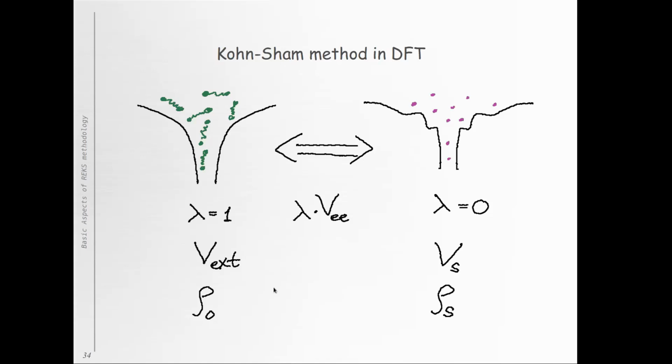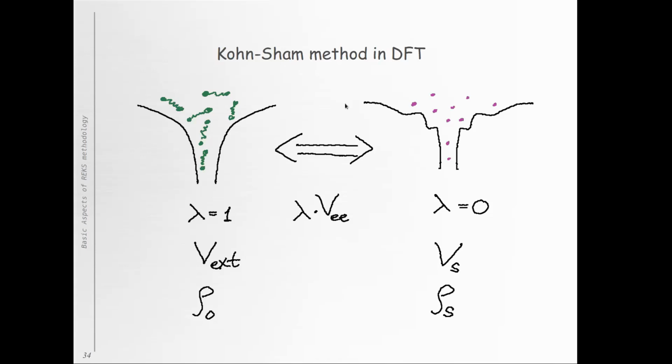But now imagine that we do the following. We scale down the electron-electron interaction all the way from 1 to 0, and simultaneously we modify the external potential in which these electrons are moving. For example, in the case of an atom or a molecule, this will be the electron-nuclear attraction potential, right?